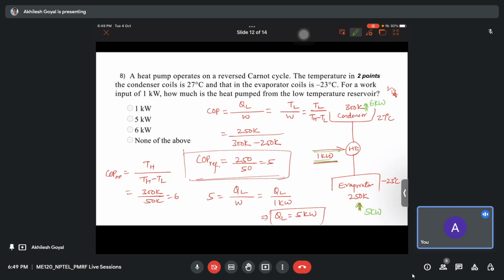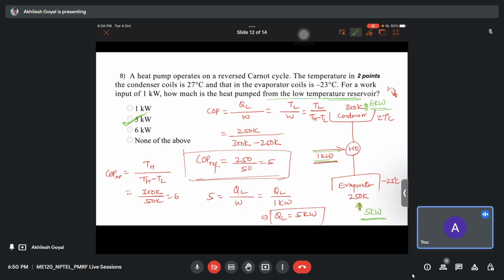So for a work input of 1 kilowatt, how much is the heat pumped from the low temperature reservoir? So heat pumped from the low temperature reservoir is 5 kilowatt, and heat pumped to the high temperature reservoir is the 6 kilowatt. So in the question, the heat pumped from the low temperature reservoir is asked. So answer is the 5 kilowatt.